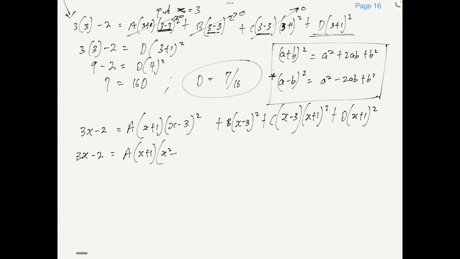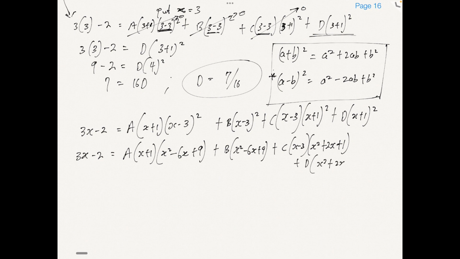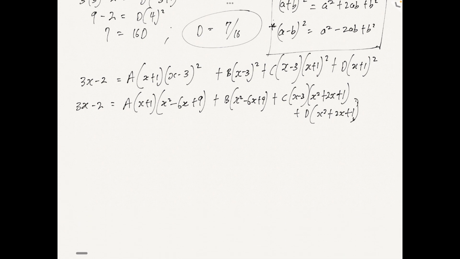So that will give us x squared minus 6x plus 9, plus b into x squared minus 6x plus 9, plus c into x minus 3 into x squared plus 2x plus 1, plus d into x squared plus 2x plus 1. Now, with respect to that, we cannot open further.